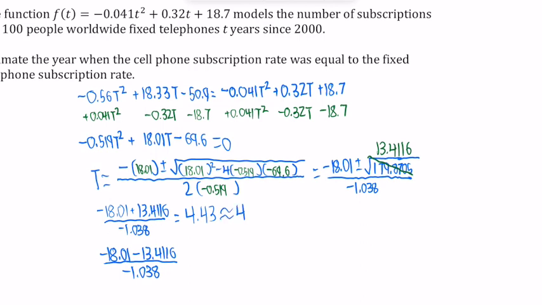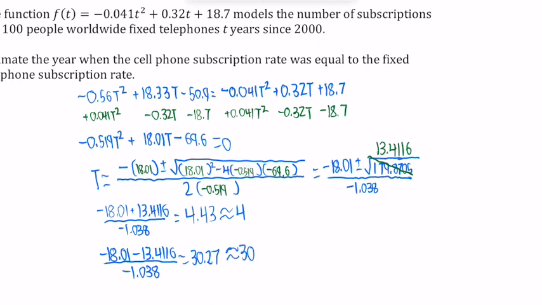The next one, negative 18.01 minus 13.4116, divide that by negative 1.038. Here I get about 30.27, or again, rounded to a whole number, approximately 30.